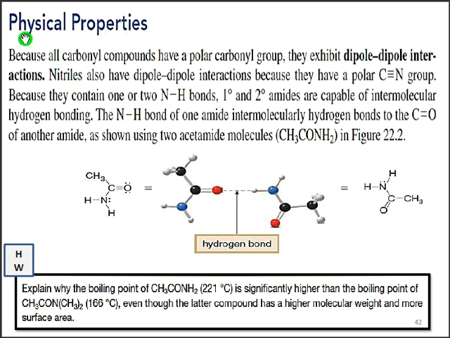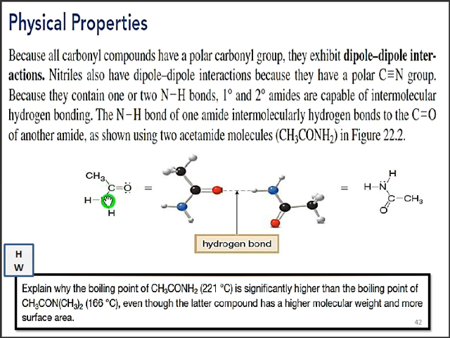Physical properties of the carboxylic acid derivatives. You know carboxylic acid derivatives have the carbonyl group, and the carbonyl group is a polar group. For this reason, it will give you dipole-dipole interaction.